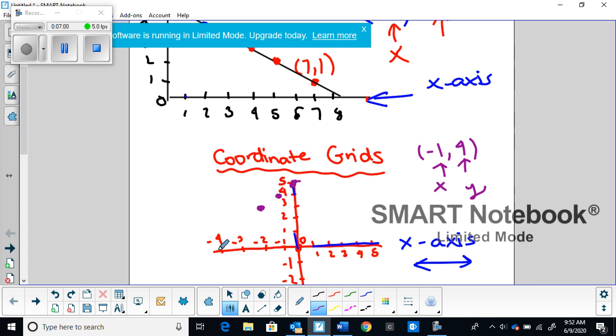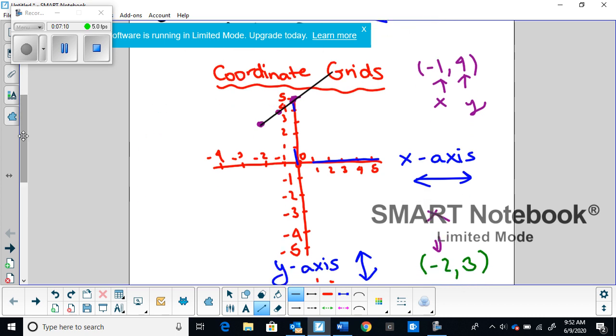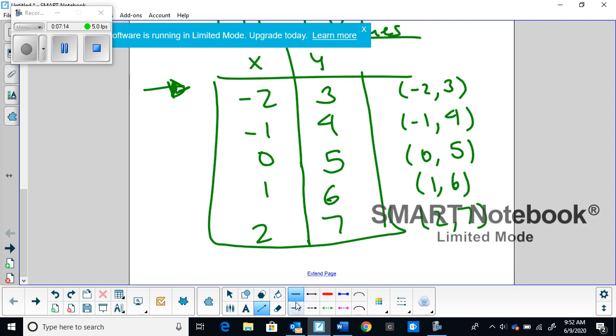When you graph them, we're going to notice they form a line, and that is what's known as a linear relation. There would be an equation that represents this pattern. That's our next section: finding what pattern is happening to each of these values.